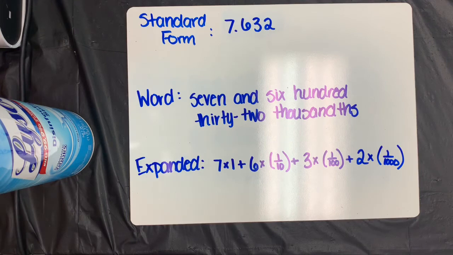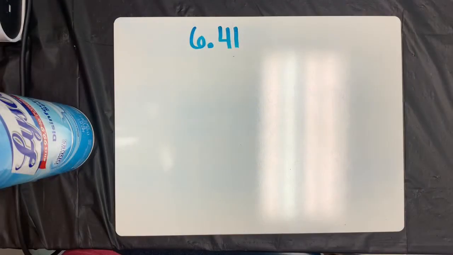We're going to practice with just a couple more. All right, I have another number. I stuck it really small up at the top. If I wanted to say this number, I would say 6 and 41 hundredths.